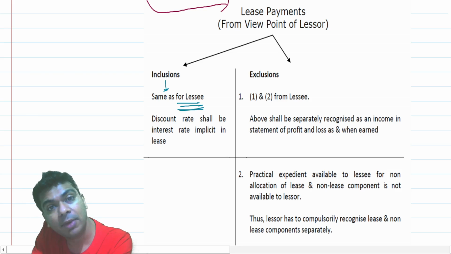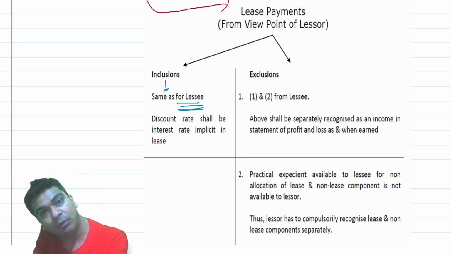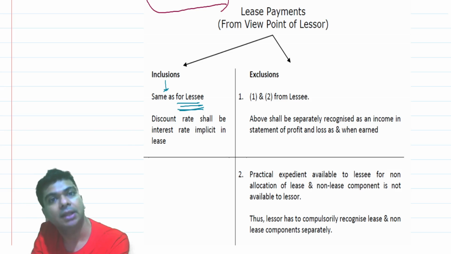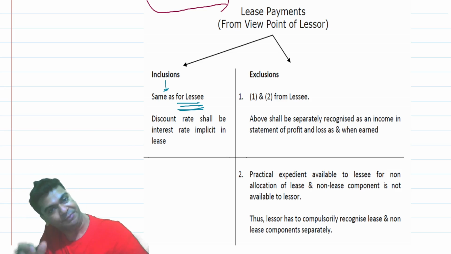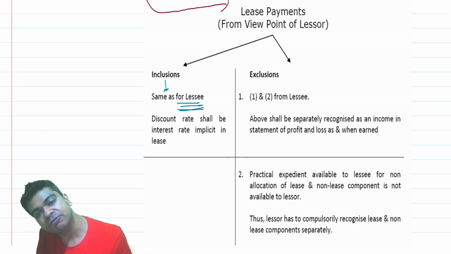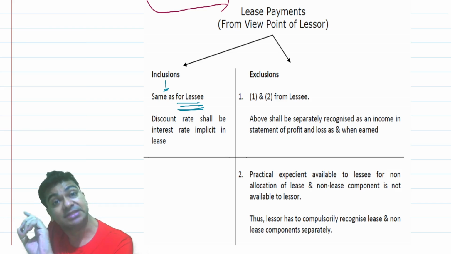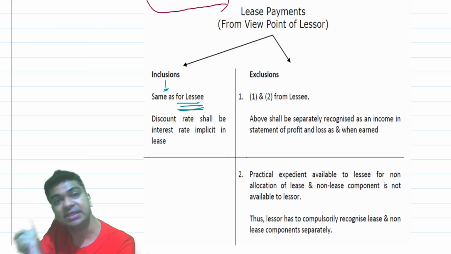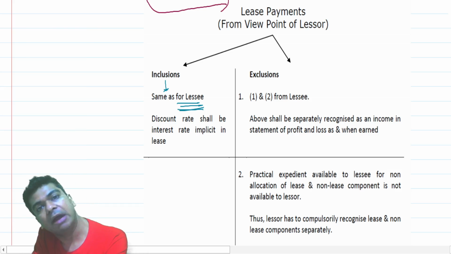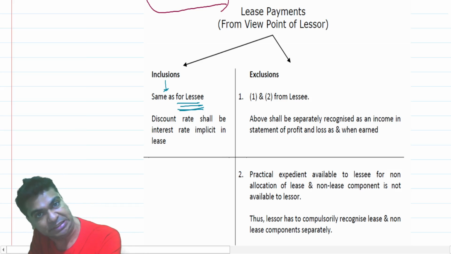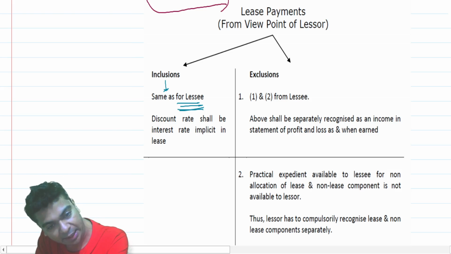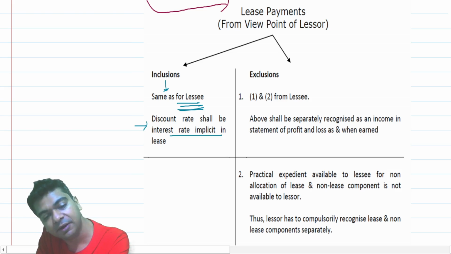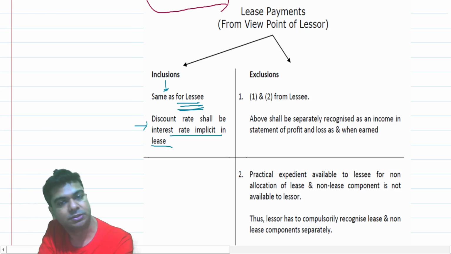If you have already forgotten over the course what was the case of the lessee, then it is going to be really tough for me as your teacher, because what I'm saying is that the lease payments from the viewpoint of the lessor are the same as for lessee. So we'll have to revisit what it is from the viewpoint of the lessee. The only thing is that now the discount rate shall be the interest rate implicit in the lease. Okay.